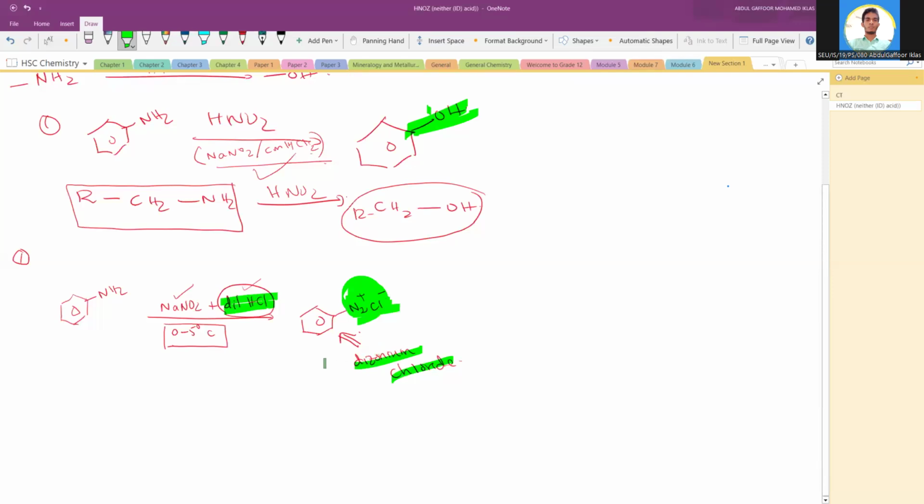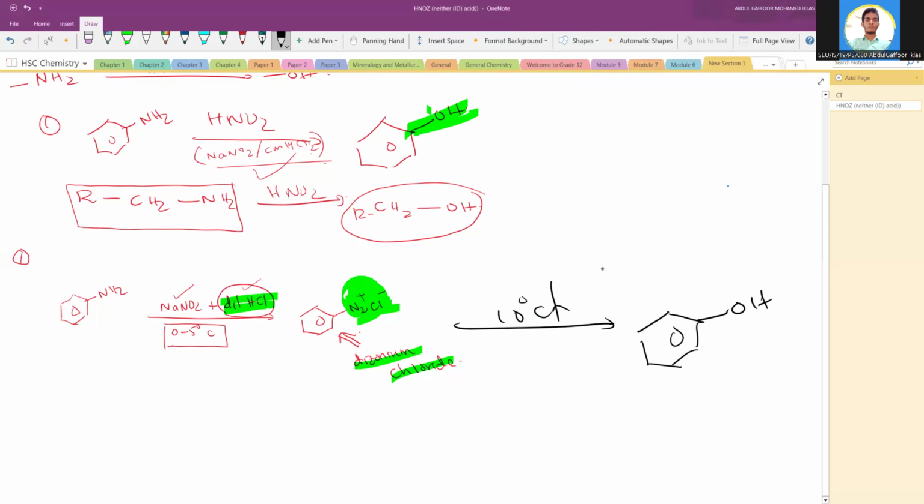Now, after producing this diazonium chloride, if you increase the temperature above 10 degrees Celsius, again it will become OH. It will become phenol. This is possible only in aromatic compounds.